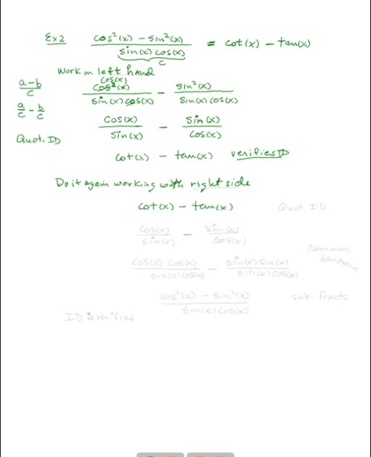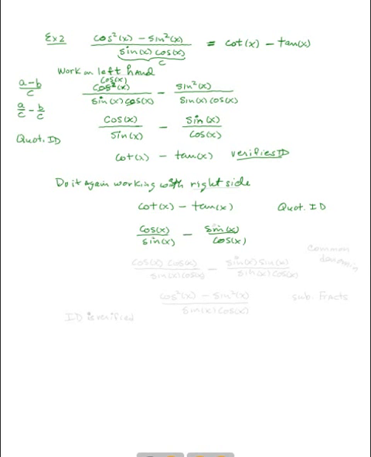So that's a pretty strong suggestion we better change these cotangents and tangents into sines and cosines. So again, we use the quotient identity, and we'll have cosine over sine replaces the cotangent, and then tangent is replaced by sine over cosine.